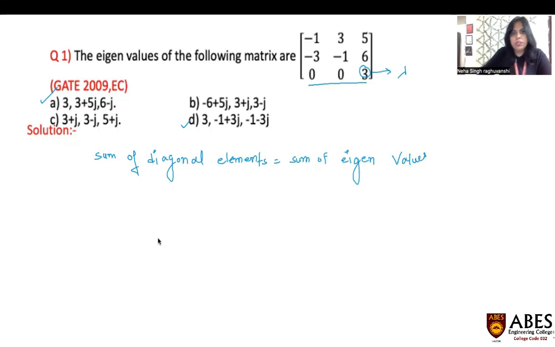Here, the sum of diagonal elements is -1 plus -2 plus 3, that is 1.